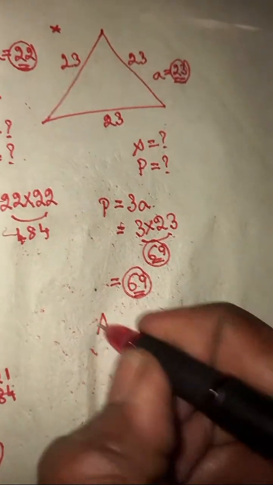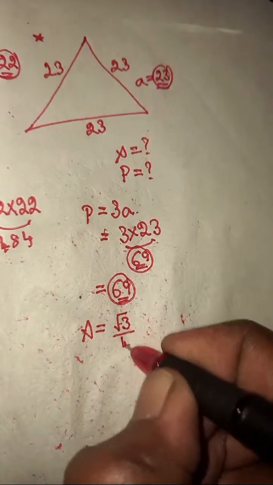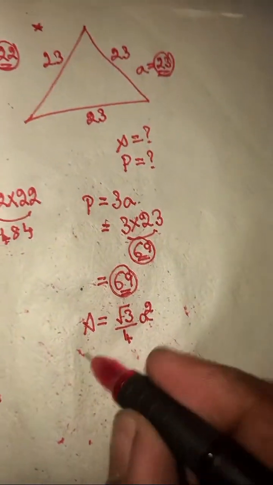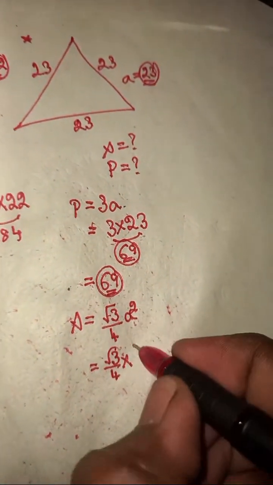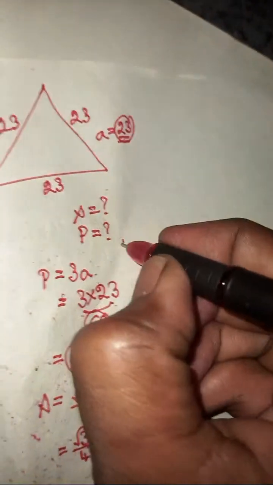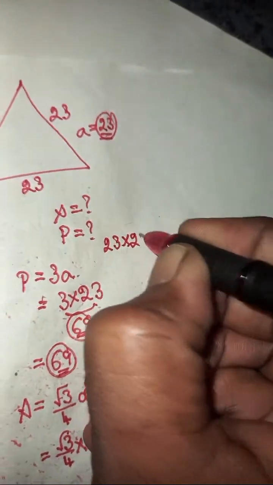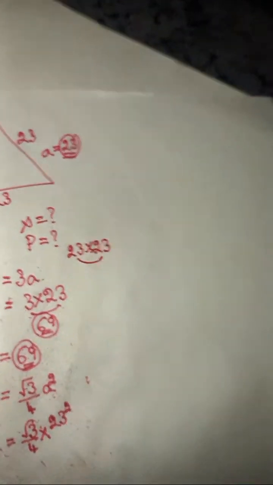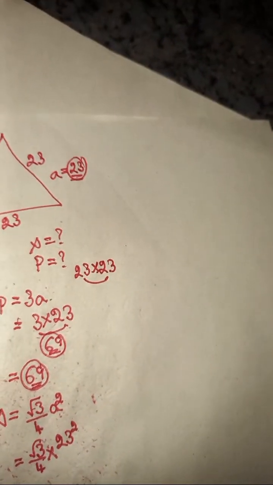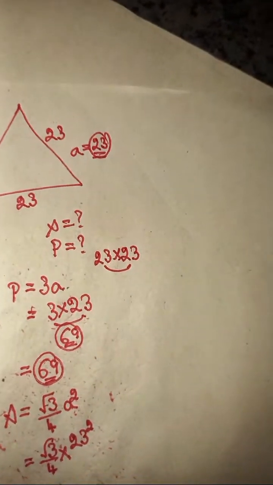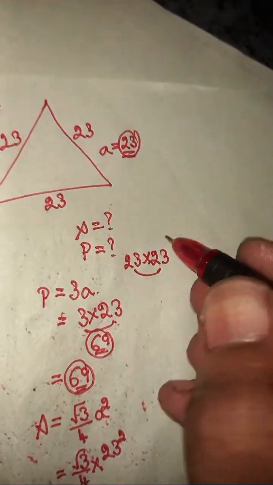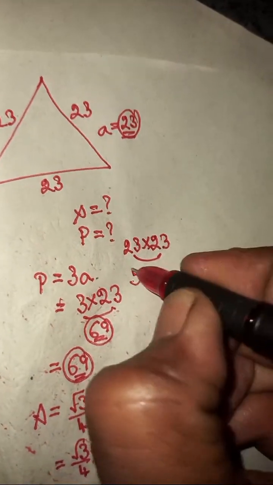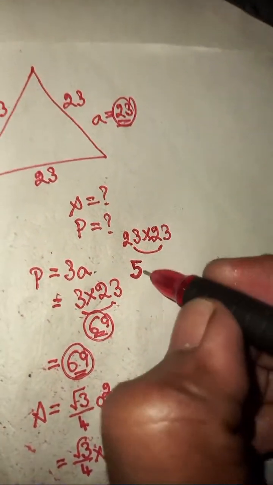And now you can find out the area. Area is equal to root 3 by 4 times a square. That is root 3 by 4 times 23 square. 23 square means 23 times 23. 23 times 20 is 460 and 23 times 3 is 69. 460 plus 69, you're going to get 529.